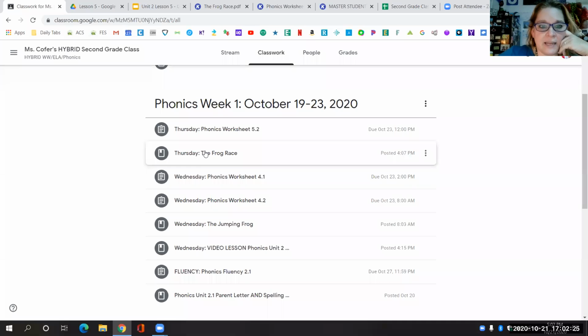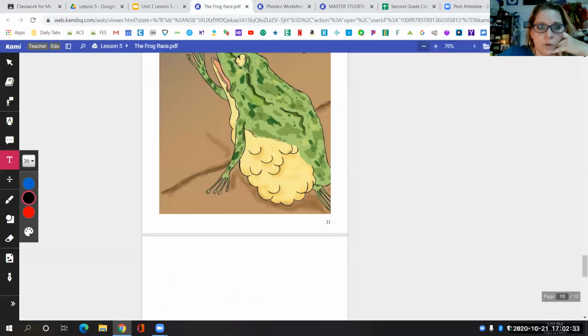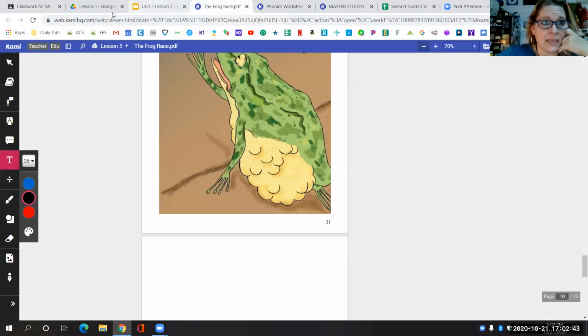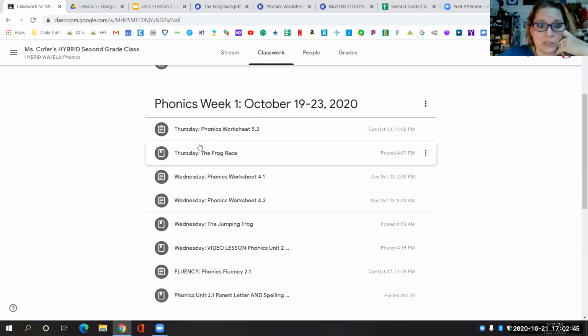You're going to reread that tonight to an adult or have an adult read it to you. And then you have the worksheet that I showed you earlier where you tell me yes or no. That's all that you have to do for phonics work today, just reread the story and do the 5.2 worksheet.